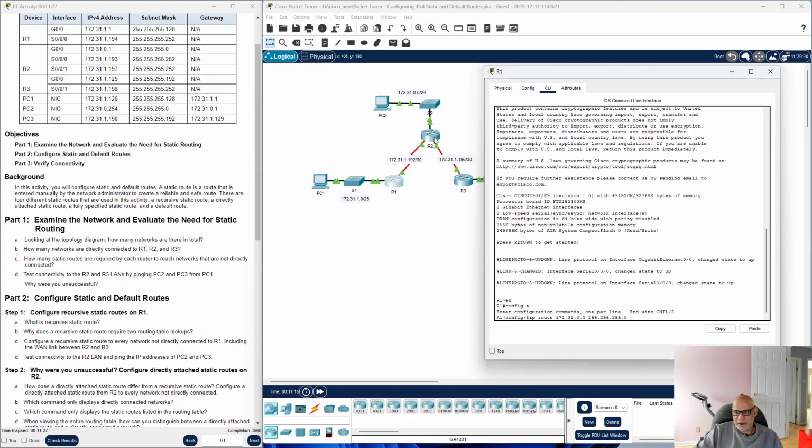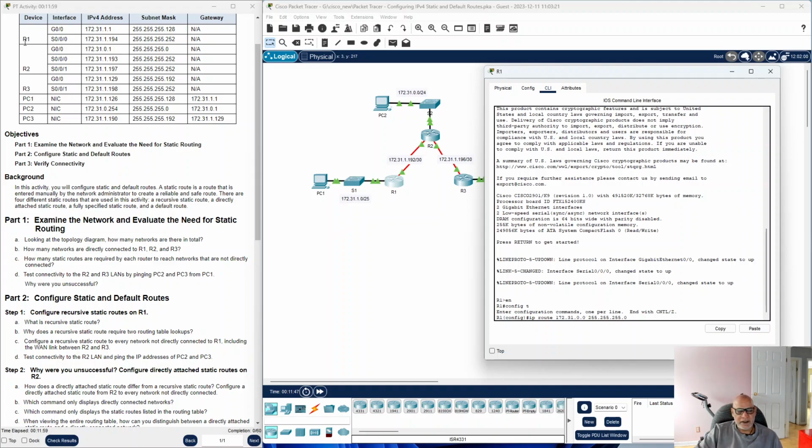R1 is connected to R2, right? There are two ways to configure the gateway interface. Either you can specify the name of the exit interface of R1 or the next hop IP address. Let's see here how R1 and R2 are connected.